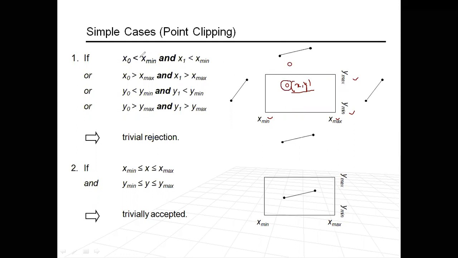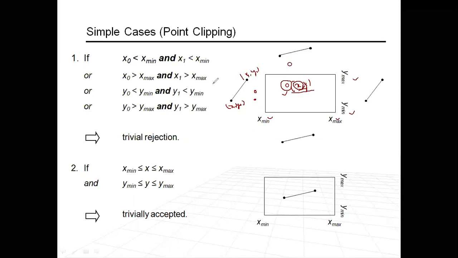So if x is less than x min, the point is lying somewhere here. If x1 is less than x min, then x1 is lying somewhere here. Taking these two points, x naught, y naught, and x1, y1, we can check whether this x is lying below the minimum value of x, so it is outside.